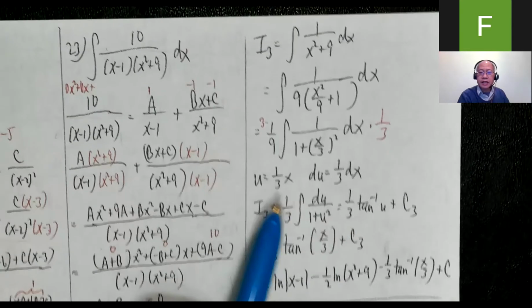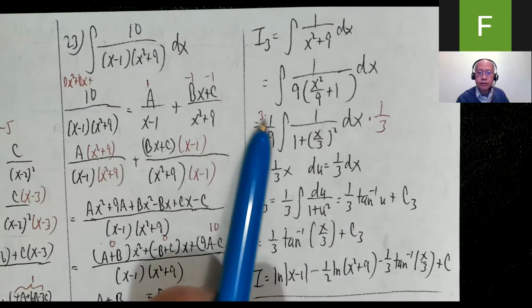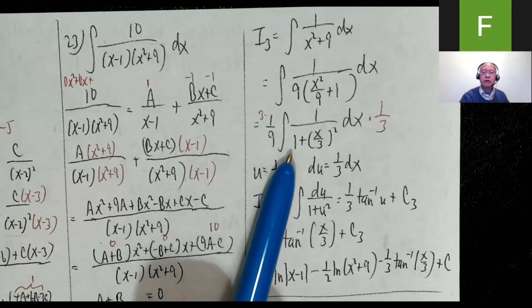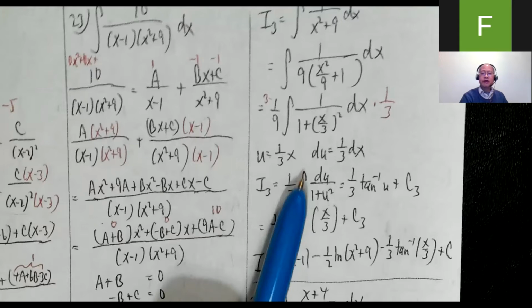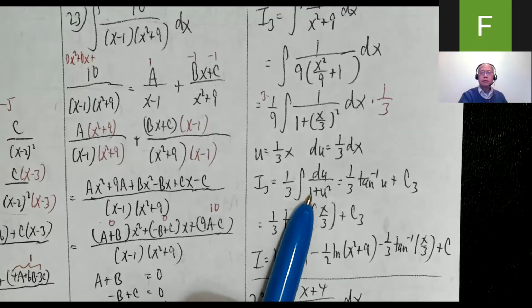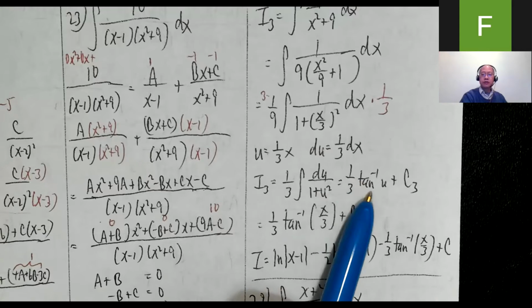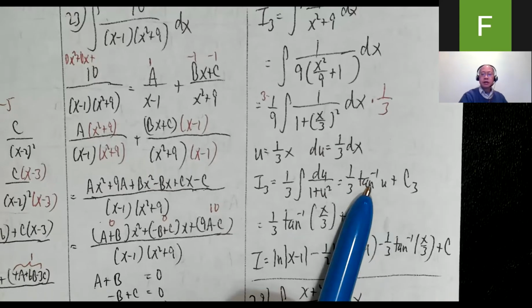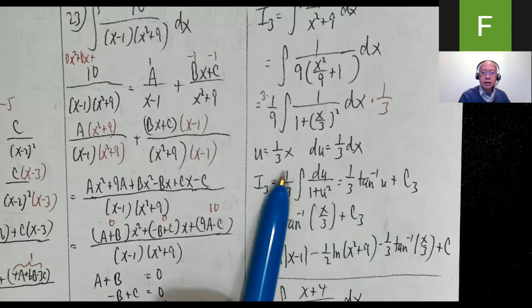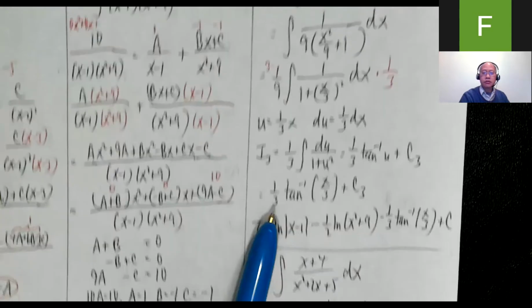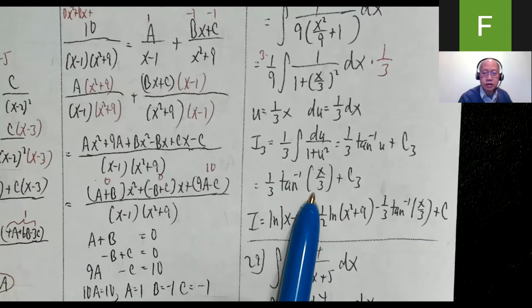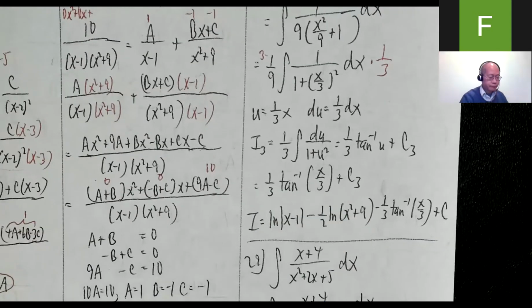So now 1/3 dx is my du, 3/9 is 1/3, and I have 1 plus u squared. So this is perfect for inverse tangent now. So I have 1/3 arctangent or inverse tangent of u plus c3. Change u back to what it was, 1/3 x or x/3. So 1/3 inverse tangent x/3 plus c3.